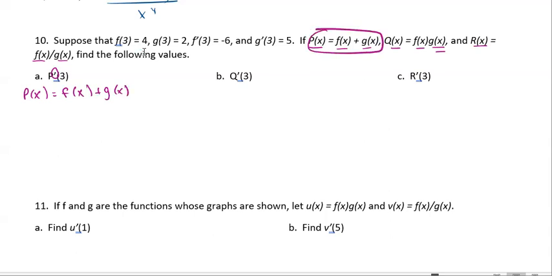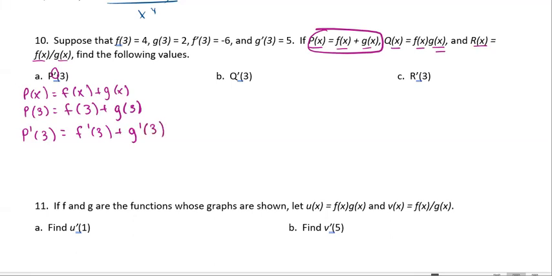So if that's the case, then we want p prime of 3, but let's go through p of 3 first. So p of 3 is going to look like f of 3 plus g of 3. Now let's look at the derivative. P prime of 3, this is a sum. The function f and the function g are being added together. So that means we can take the derivative by taking each derivative and adding them together.